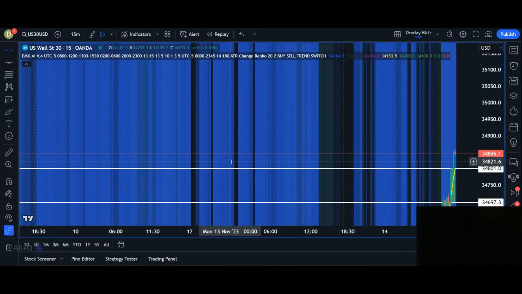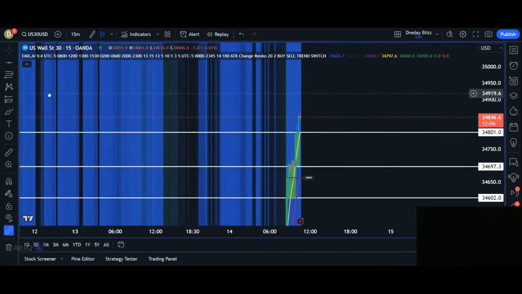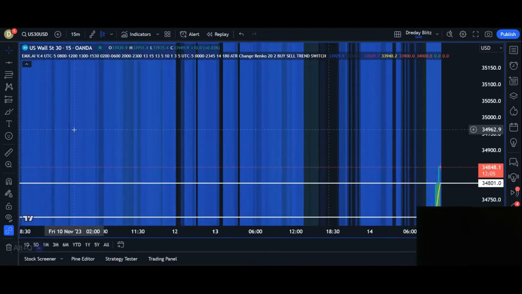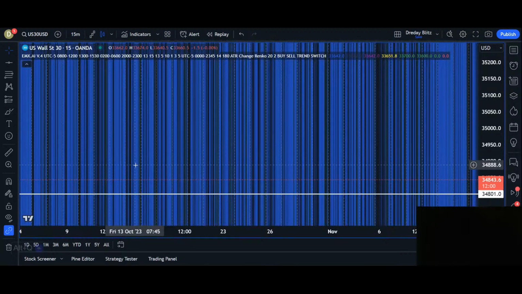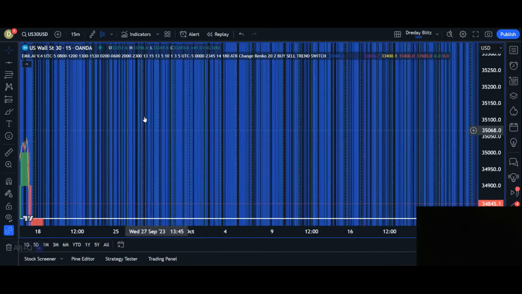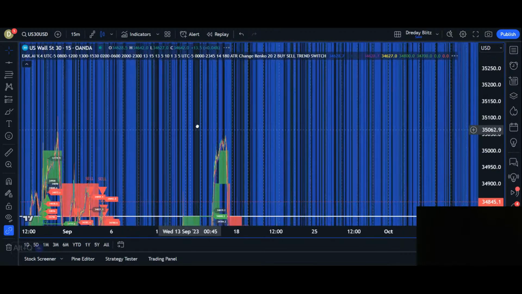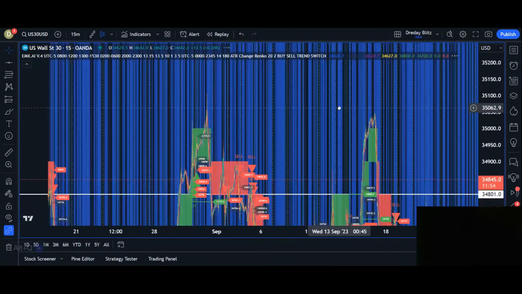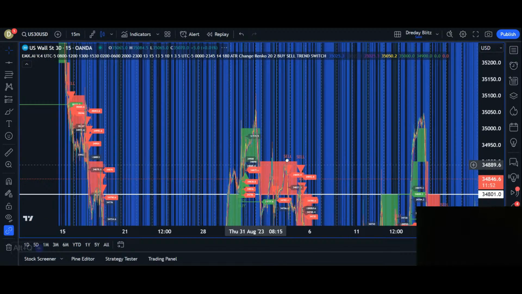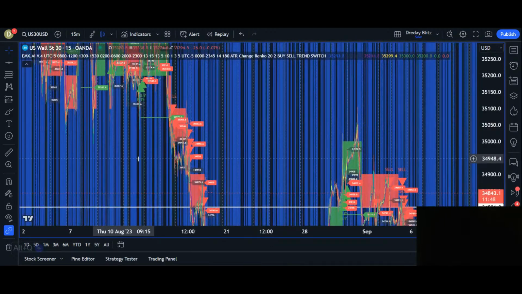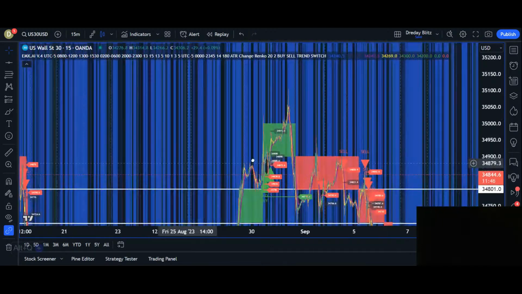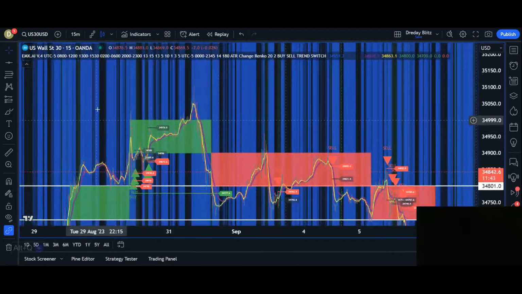So far, still looking for buys. I'm just going to see in the past if price went there. Yes, it did. So let's plot some more lines. So you see the Renko bars were already created here.